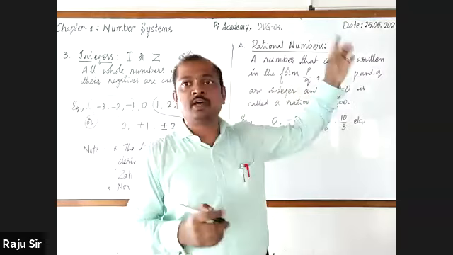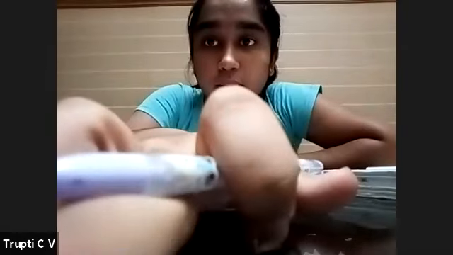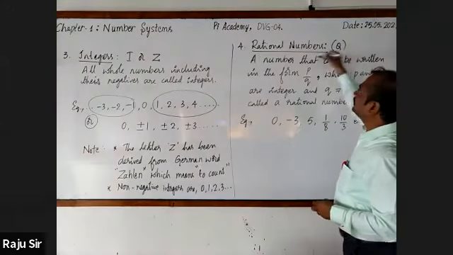Now, do you know what is the symbol that we use to represent the collection of rational numbers? Capital letter Q. It should come R, no?